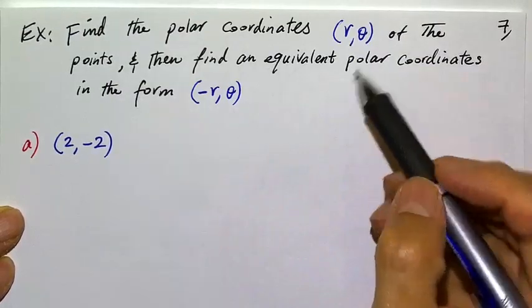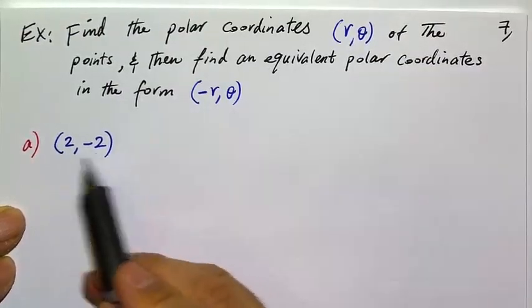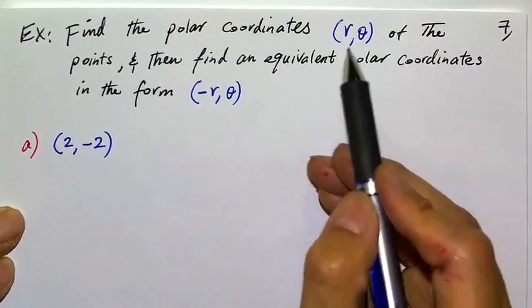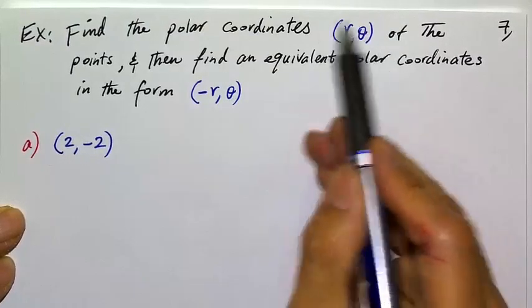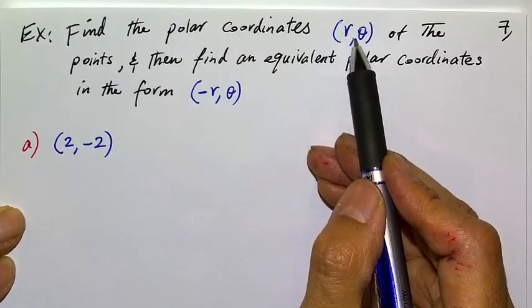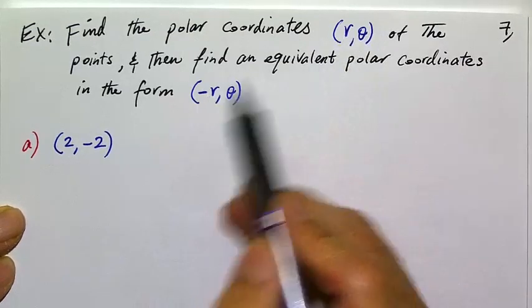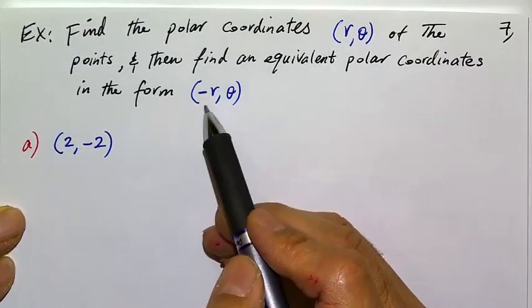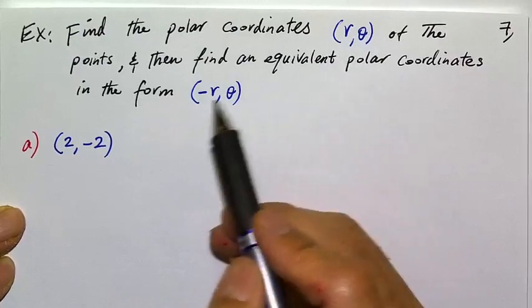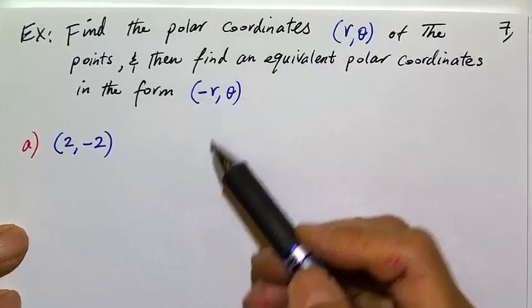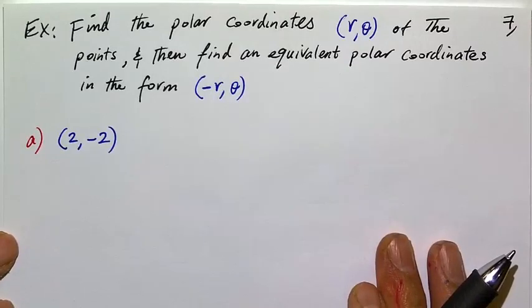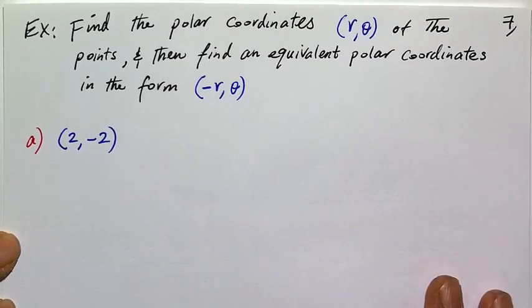So here we have to not only convert the xy coordinates to polar coordinates, but once we have this, we're going to have to find an equivalent for this where r is negative. Just keep that in mind. So we have to do a little more than the previous set of examples.